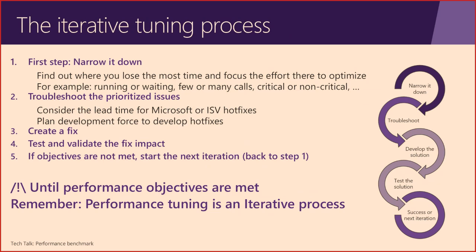And if not, of course, you will start again until you have met the performance objectives. So when you're planning the performance benchmark, always keep in mind that you will have multiple iterations, unless you're 100% sure that all you have in the solution is perfect.